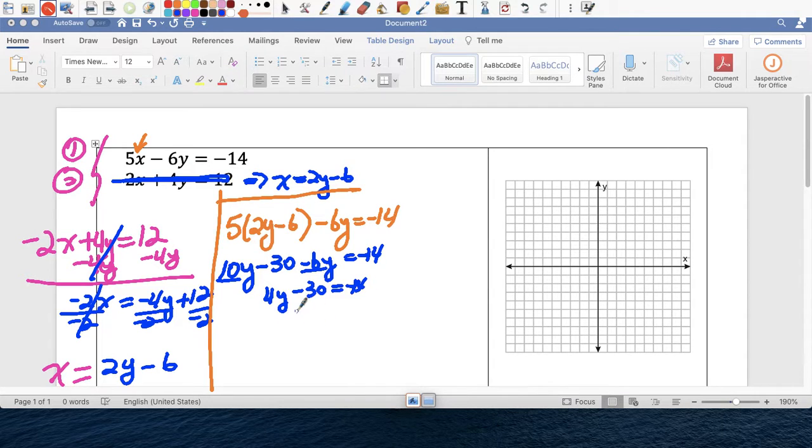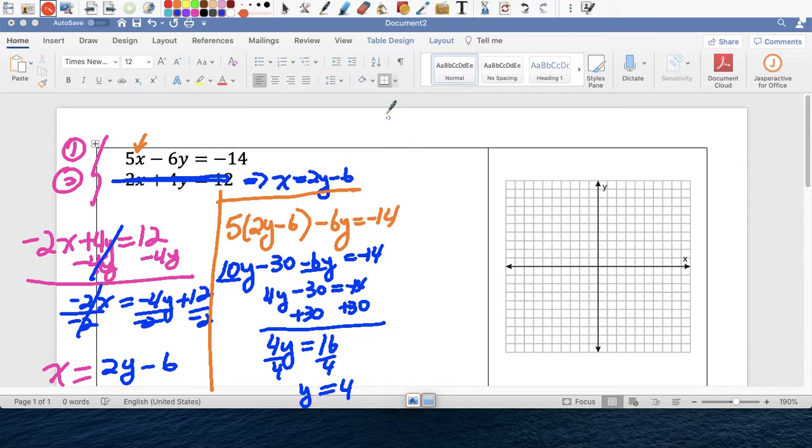So plus 30 on both sides. We get 4y equals, negative 14 and 30, positive 16. Divide both sides by 4, and y equals 4.